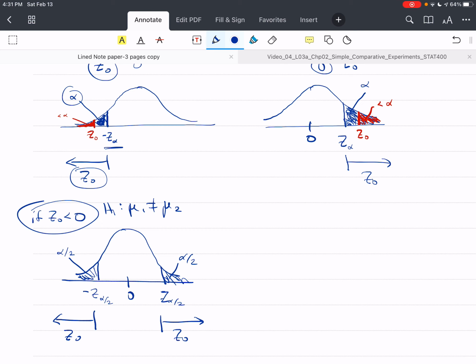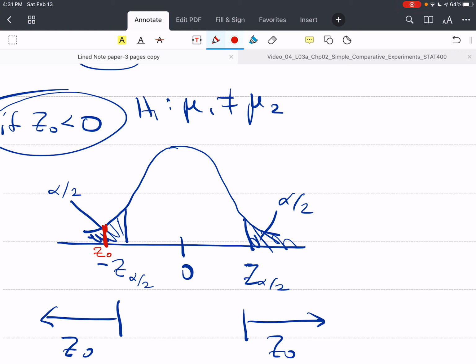Now, if z naught is less than 0, then let's say that we have a z naught here. We're interested in z being as extreme or more extreme than z naught. But it could be over here too.